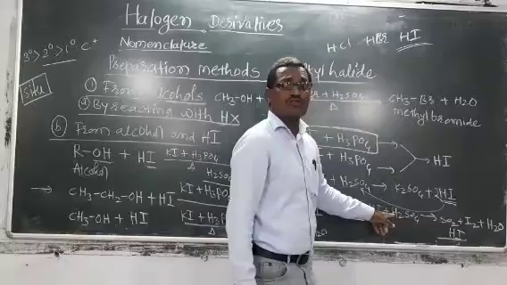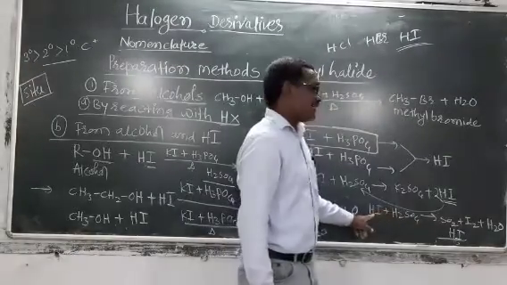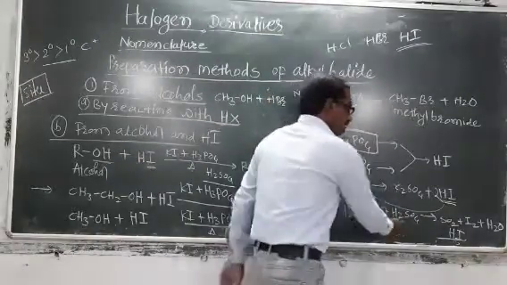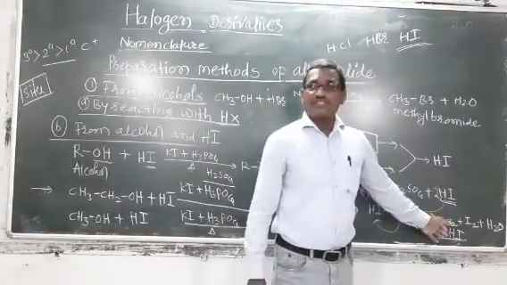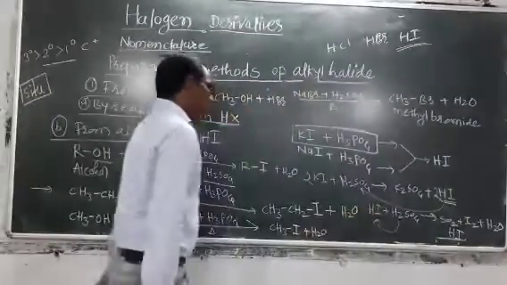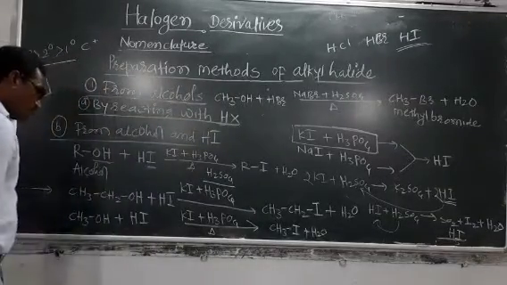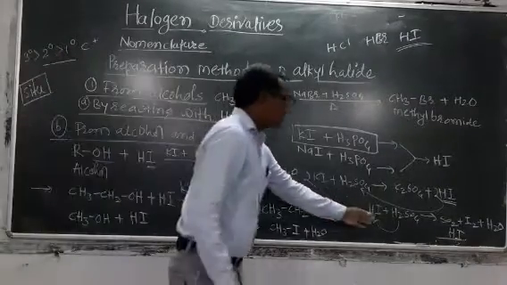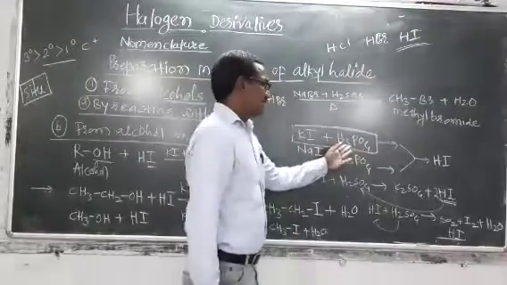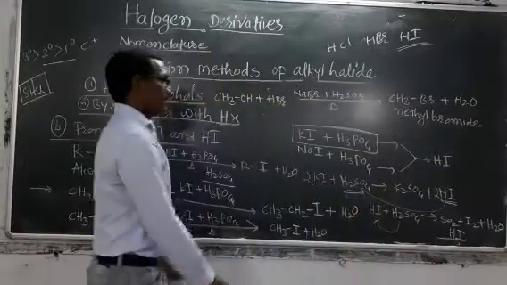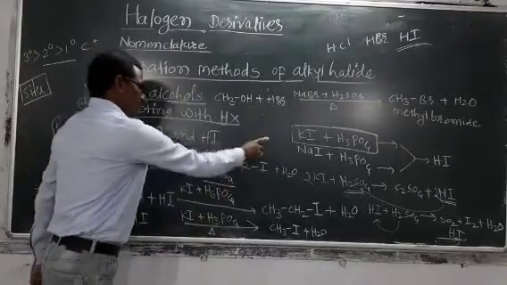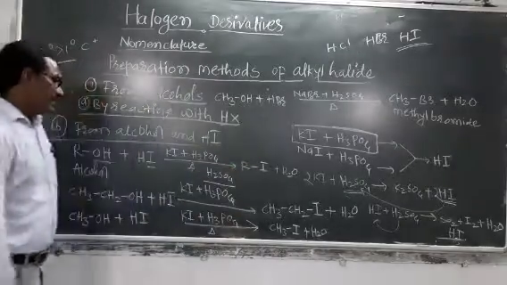Because H2SO4 is a strong oxidizing agent and HI is a strong reducing agent. To avoid such a reaction, we use phosphoric acid H3PO4 instead of H2SO4 to obtain alkyl iodide.